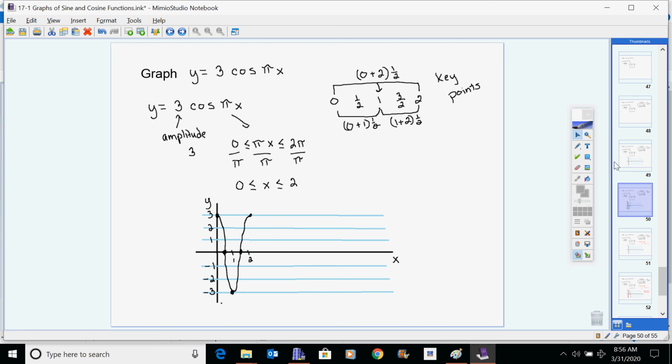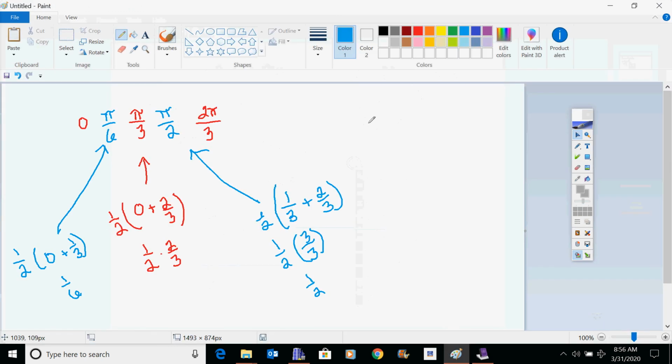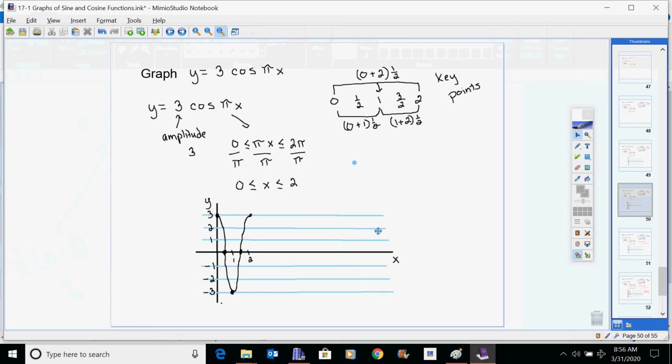Because remember, your general pattern for a cosine graph is 1, 0, -1, 0, 1. So when we multiply them by 3, we get 3, 0, -3, 0, 3. And that's what came out on these graphs.